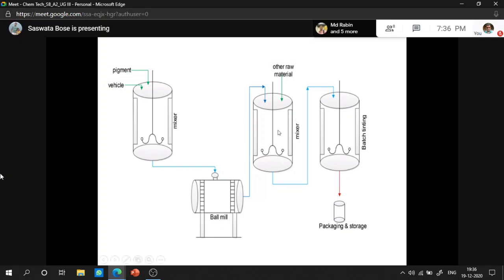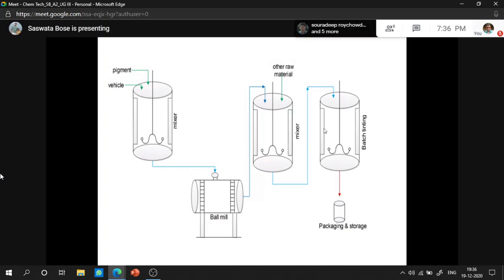In this stage, it is added in the high-speed mixer, and if necessary, with tinting agents in the subsequent mixer also.